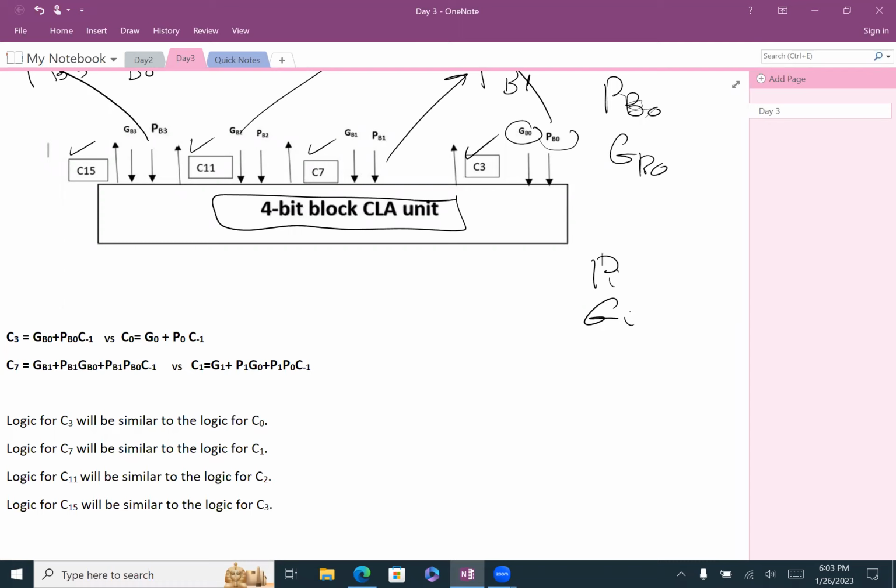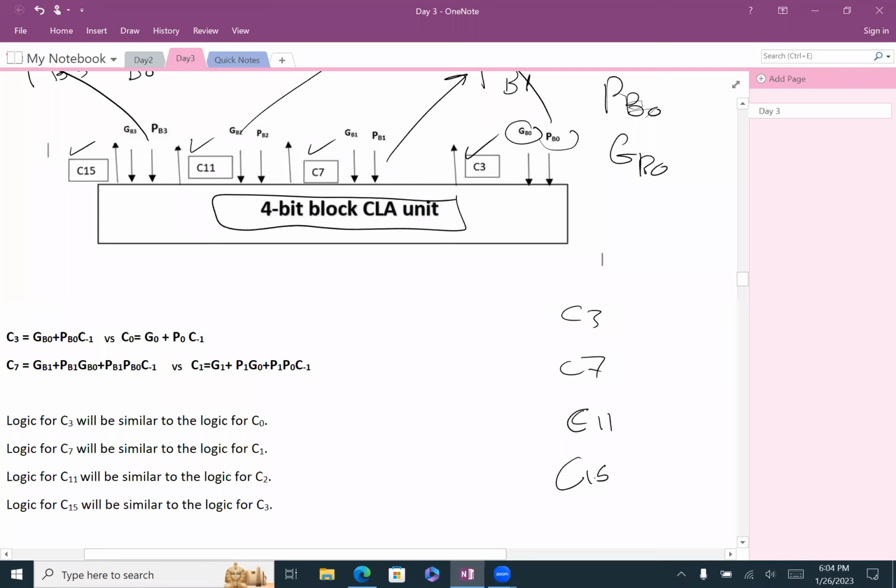So in the 4-bit design, we found C0, C1, C2, and C3, correct? Now here, what we're trying to find is C3, C7, C11 and C15.